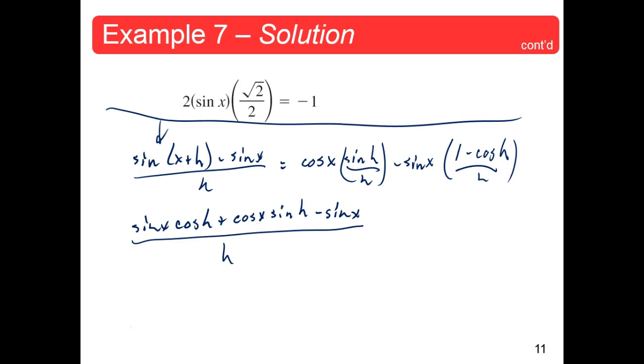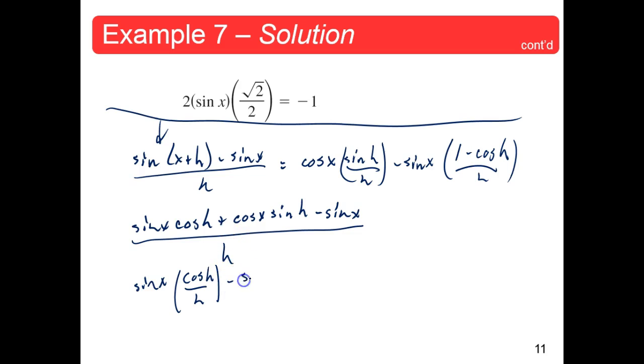Okay. Now, notice what they're going to be doing here to get this to look like that. They're separating the cosine x's from the sine x's. So let's rearrange this and get our sine x's together and our cosine x's together. So that will be sine x times cosine h over h, right?